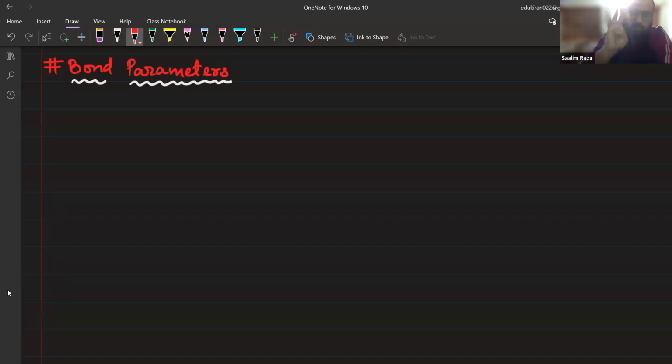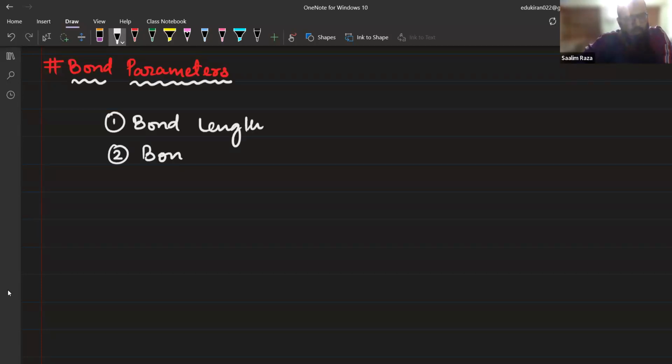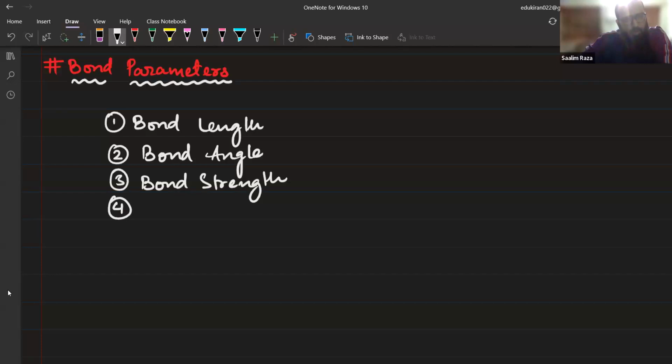We are going to explain the 4th point later on. We will talk about bond length, bond angle, and thirdly, bond strength. The 4th point is bond order.